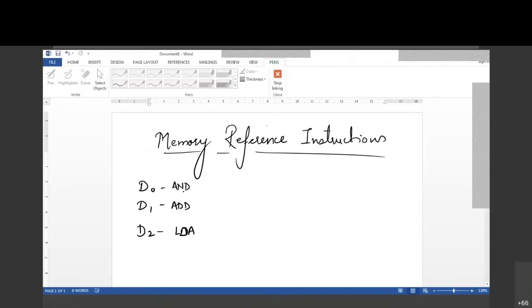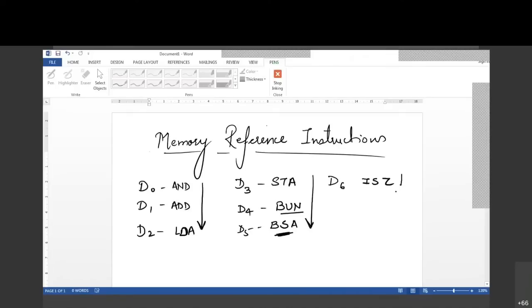Okay, so this is AND and ADD, load, then D3 after load, store accumulator, D4 branch unconditional, that is the jumping one. Okay, function. D5 branch and store return address. This is actually a subroutine function. This is unconditional jumping from one location to another. Okay, and D6 is increment and skip if 0. If we look carefully at each instruction one by one, you will remember this D0 to D6 as well. You will be remembering the sequence as well.